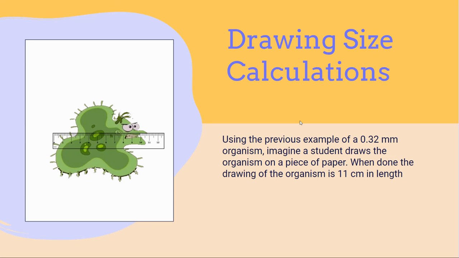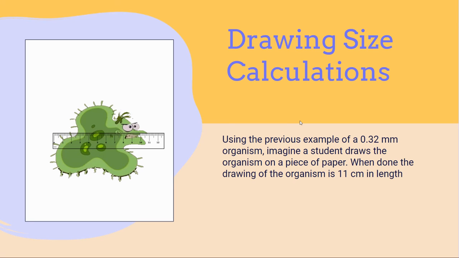Now, the best part about bio is you get to sometimes draw the things you're looking at through a microscope. And we draw it to a size that we're comfortable with. So we put it on a piece of paper and we draw it so we can see all the structures. This is a problem because that's not actually the size it is. We're magnifying it on the piece of paper. We're looking through a microscope that's already magnifying it. Now you're magnifying it more.